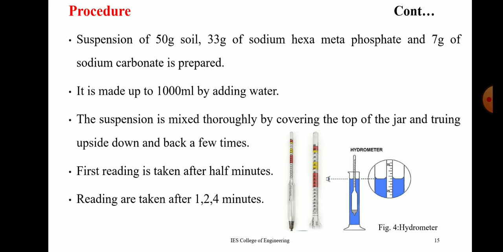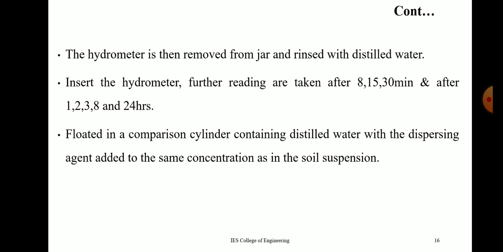First reading is taken after half a minute. Readings are taken after 1 to 4 minutes. The hydrometer is then removed from the jar and rinsed with distilled water. Insert the hydrometer.